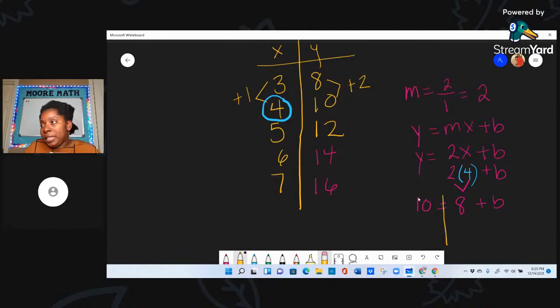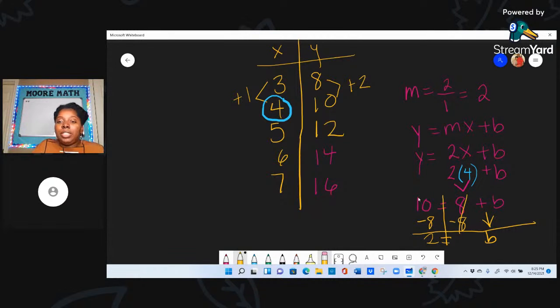So how do I get rid of this 8? Subtract. Yeah, we subtract 8 from both sides. I figured out an easier way to teach it, just to have you solve for b. So 10 minus 8 is 2. So now it's just y equals 2x plus 2.